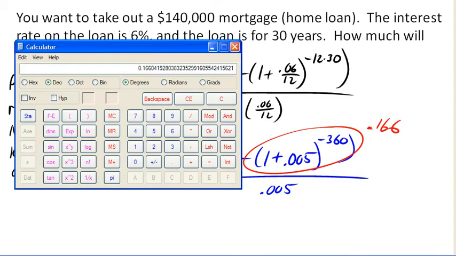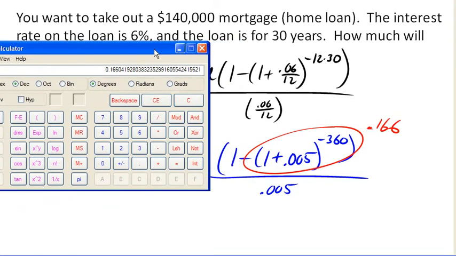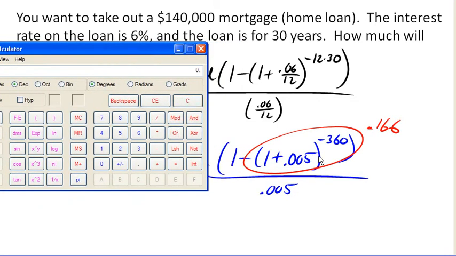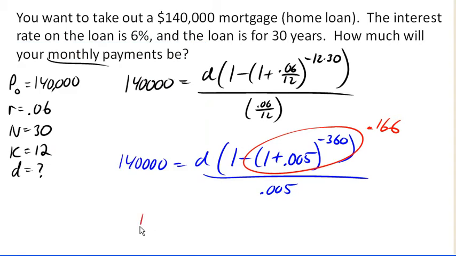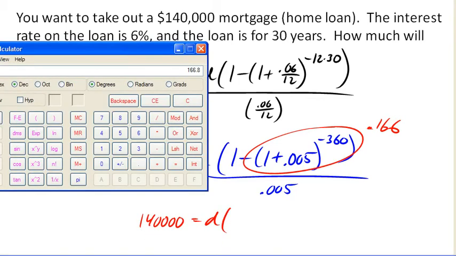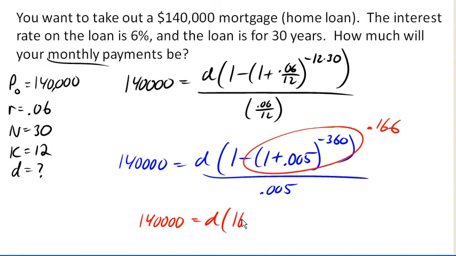And so now I need to evaluate 1 minus that, so 1 minus 0.166. Divide that by 0.005, gives me 166.8 roughly. So I've got 140,000 equals d times, what was that again? 166.8. So d is going to be 140,000 divided by 166.8.